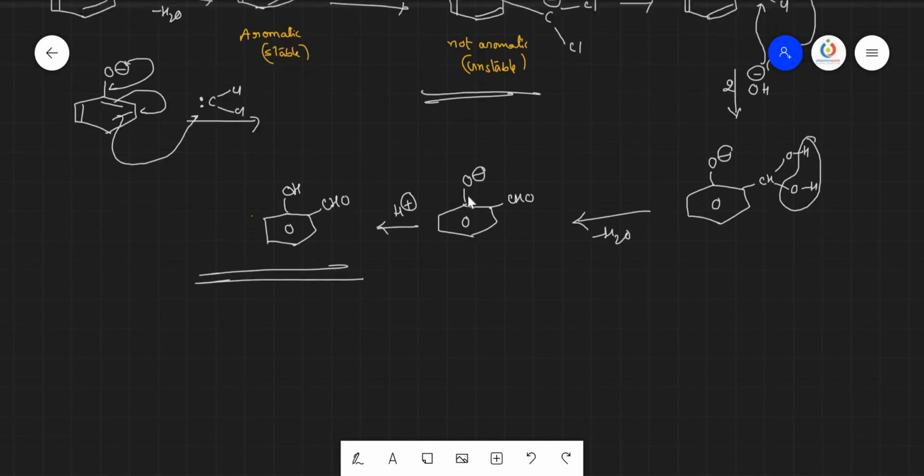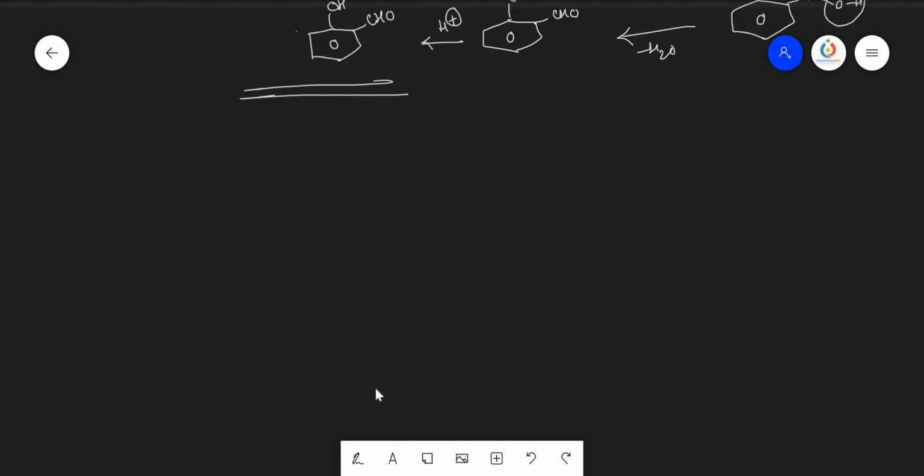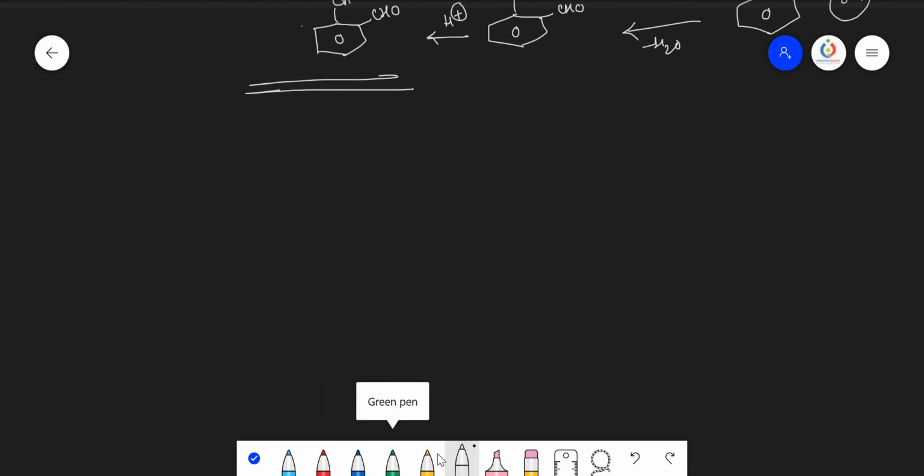So if at least one ortho position is occupied by any other group, then CCl2 will attack over the para position.